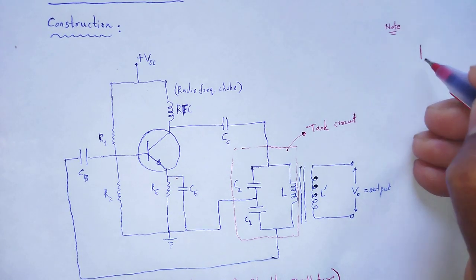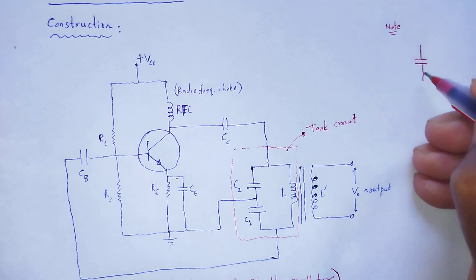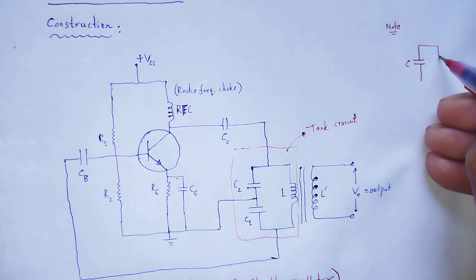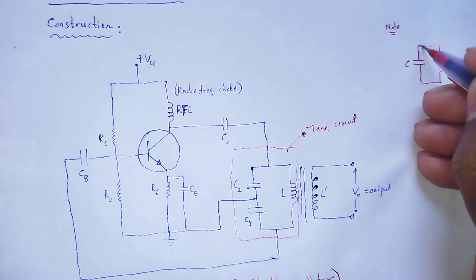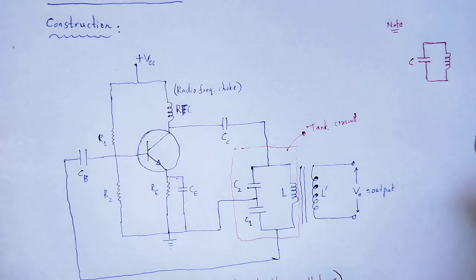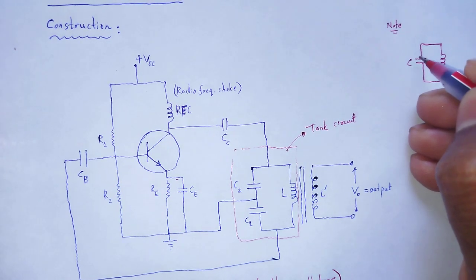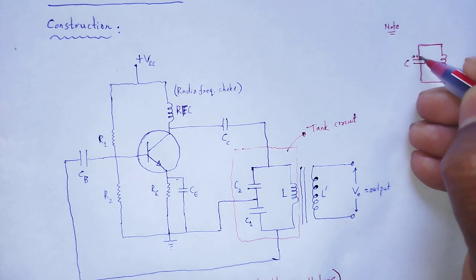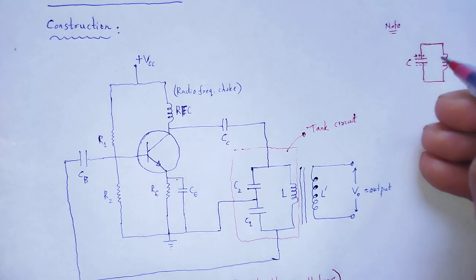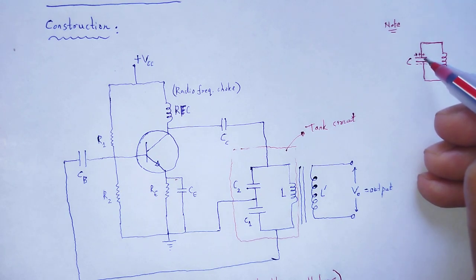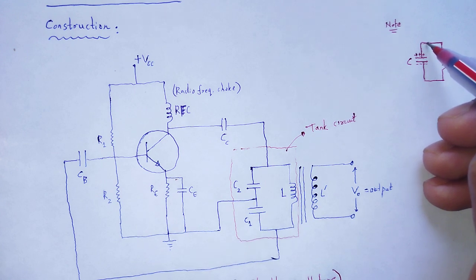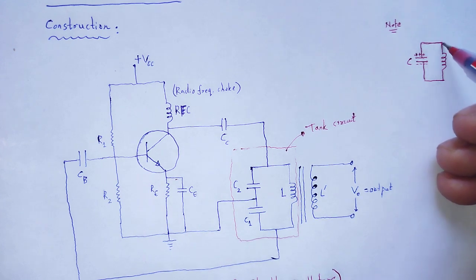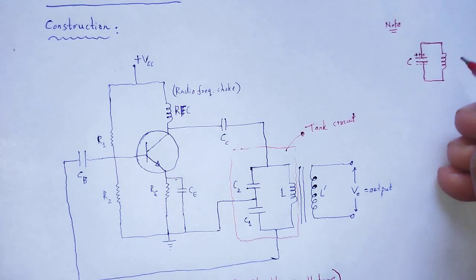If we take a capacitor and an inductor, and that capacitor is charged, one plate positively charged, another plate negatively charged, the positively charged plate of the capacitor provides the current through the inductor.